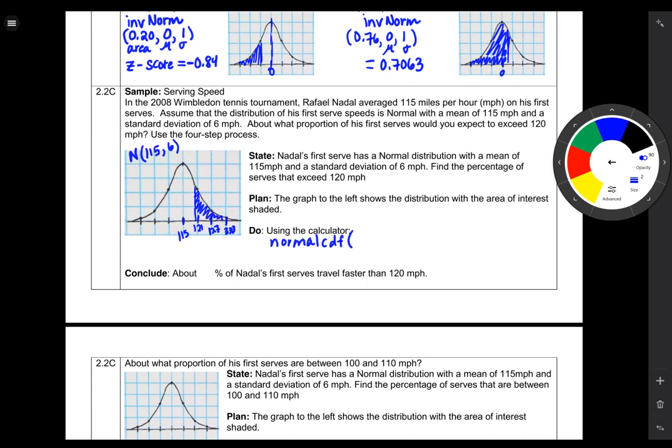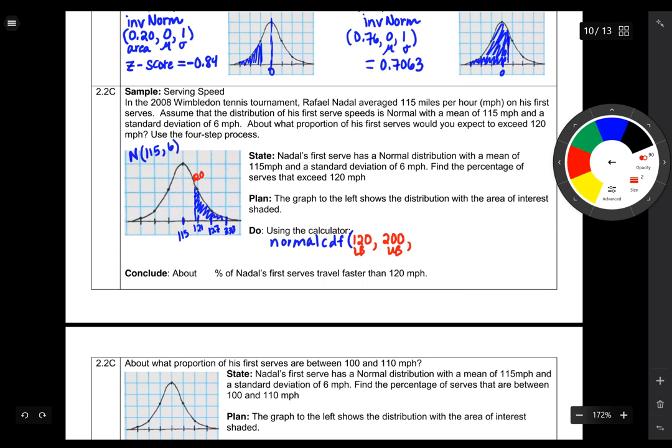So our lower bound is 120. There, I'm going to label it right up here so I have room. And then our upper bound can be some huge number like 200 if you want. It's not going to matter. So lower bound is 120. Upper bound is going to be 200. You can even pick 1,000.